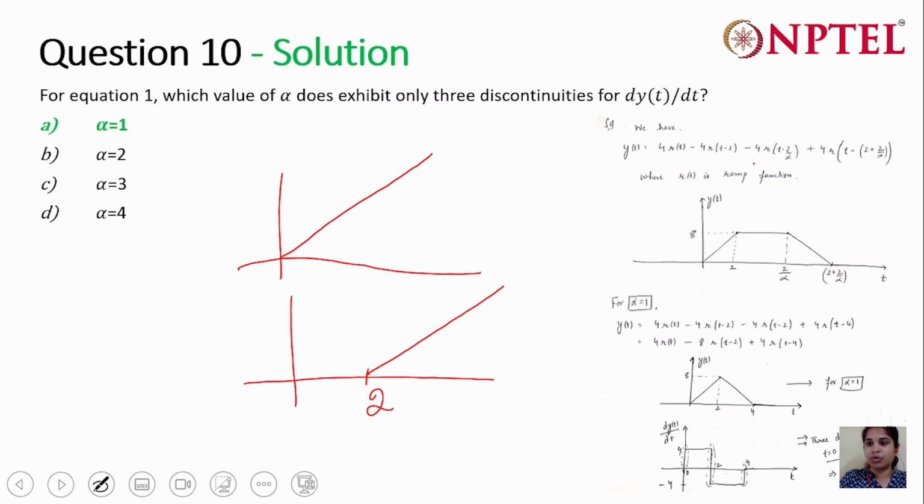Same way we have 4 into r of t minus 2 by alpha and everything. So first for 0 to 2, if I subtract these two, what will I get? Here it is 0. So up till 2 it is a direct line.